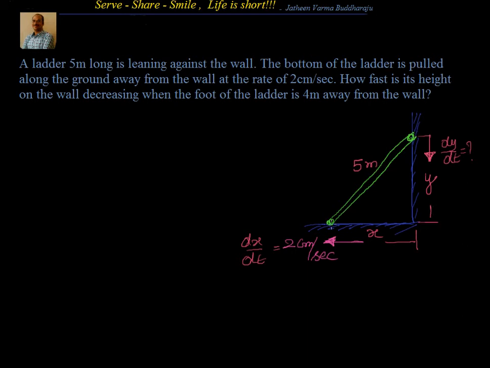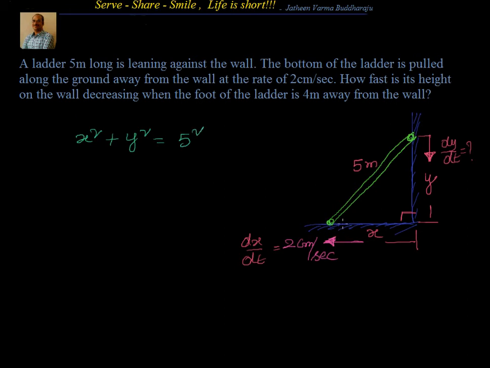Now you can see here, even though you try to change the x and y values, the ladder length will not change. So we have 90 degrees between horizontal and vertical. So we know our equation now. The equation is by Pythagoras: x square plus y square is equal to 5 square.